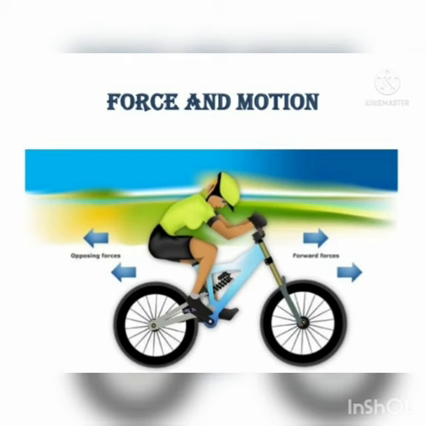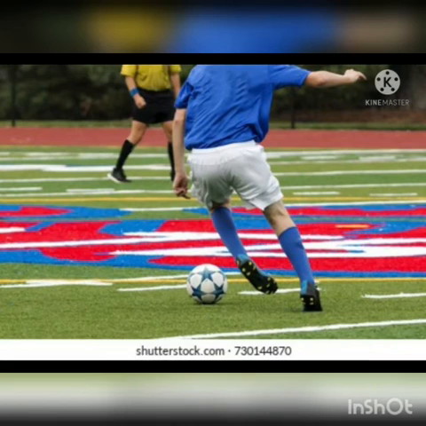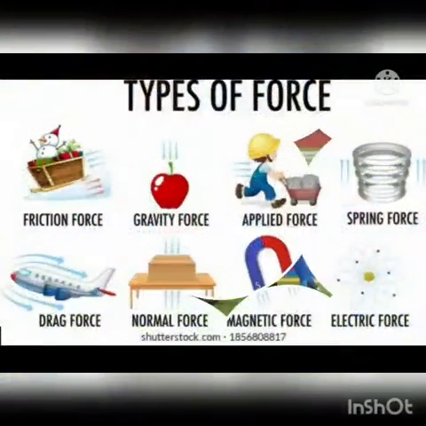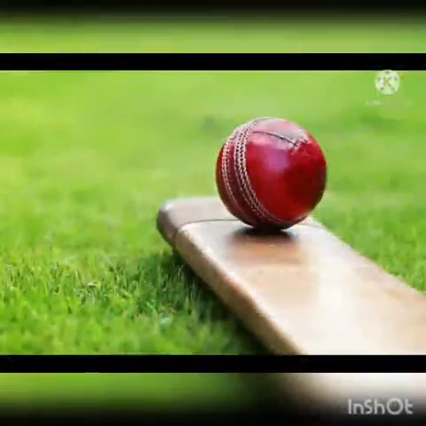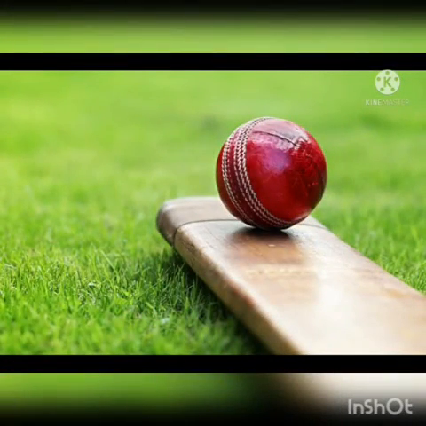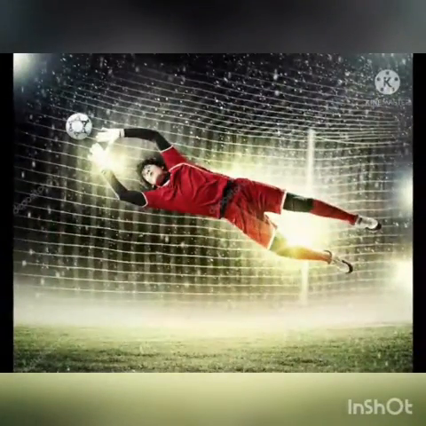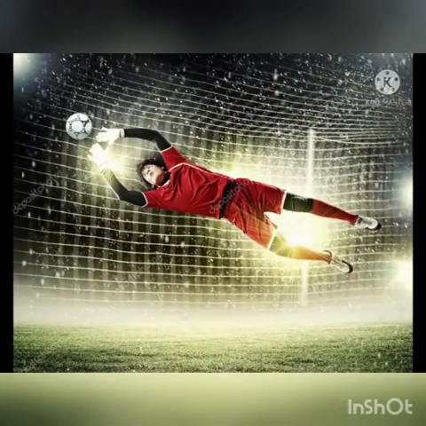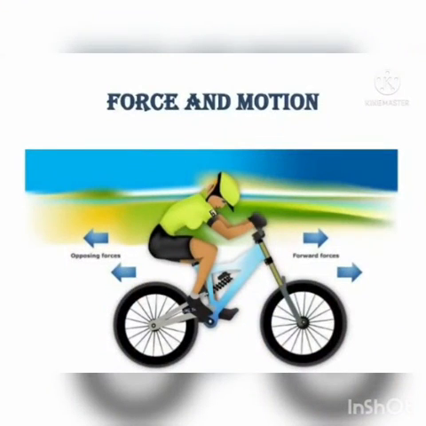Before hitting the ball in a penalty kick, what happens? The ball was at rest, and when a force is applied, motion of the ball takes place. Similarly, when the goalie catches the ball, the ball which was in motion goes to rest.